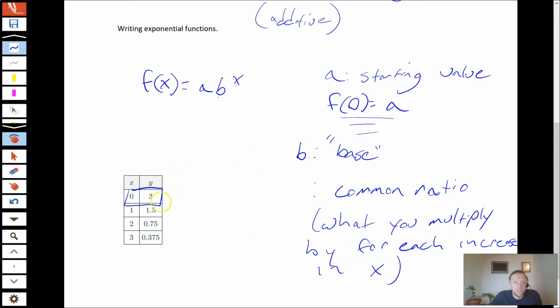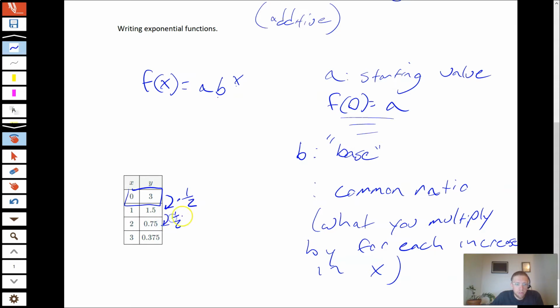Okay. So notice this one, and this is a different type of exponential equation than we've seen before. This one's decreasing each time. So as x increases, y gets smaller. What that means is we're multiplying by a fraction, and here we're multiplying times 1/2. I could divide 1.5 by 3, or divide by 3 to get that, right?